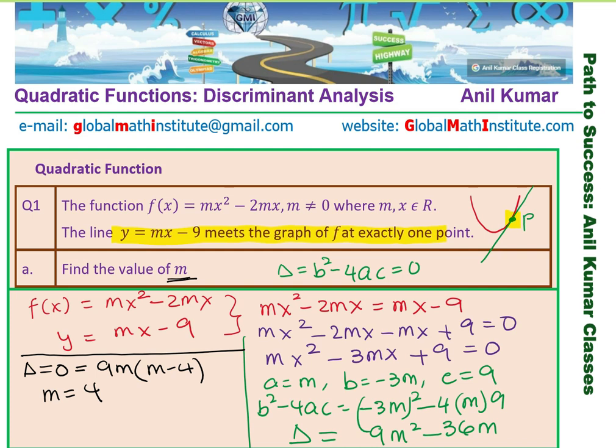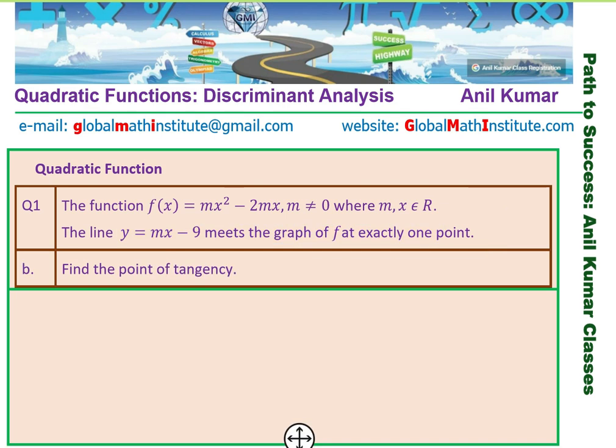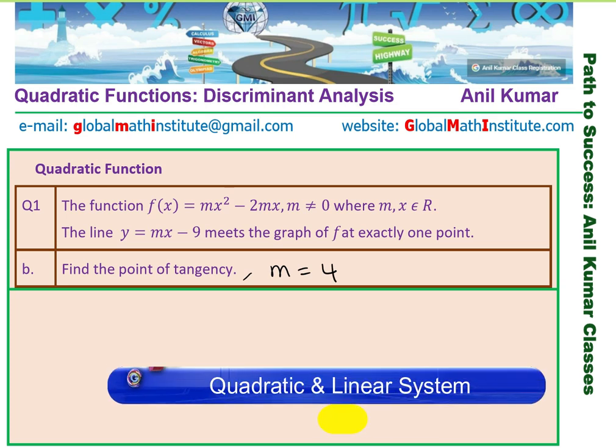Perfect. Now let's see part B of this particular question. Part B is find the point of tangency. So we have already found that m is equal to 4. Now if m is 4, then let's find the value of y.